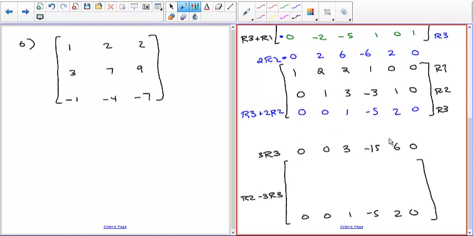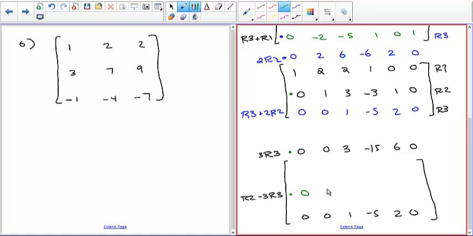Double check. Okay. So now we're going to replace row 2 by taking row 2 and subtracting 3 times row 3. And we're going to put the results right there. So this minus that is 0.